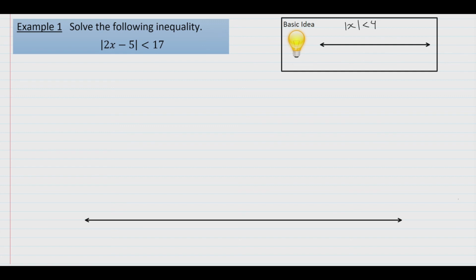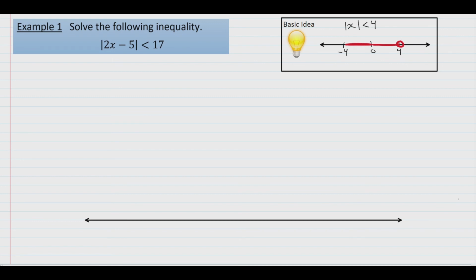So how could that happen? Let's take a look at the number line. Here's 0, and if we want numbers whose distance from 0 is less than 4, well, I guess we could have values that actually fall between 0 and 4. Now we wouldn't include 4 because it's strictly less than 4 here. But don't forget, we also have the case where the numbers fall between -4 and 0.